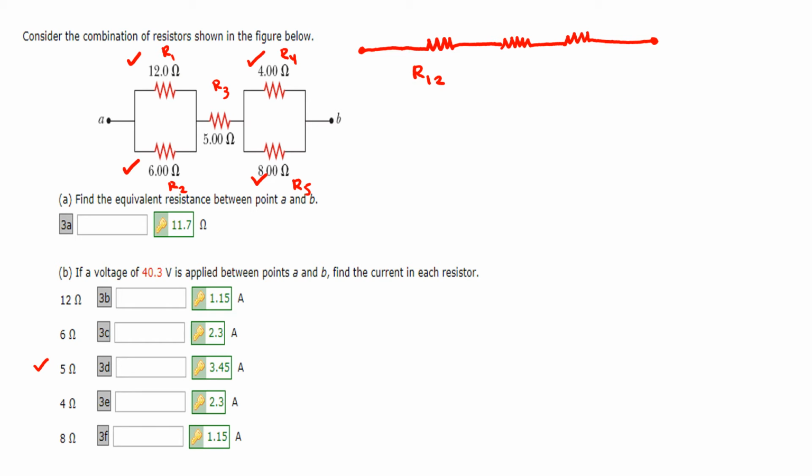This is R12, this is R3, and this is R45, and the values of the following resistors: R12 is 4 ohms, R3 is 5 ohms, and R45 is equal to 32 over 12 ohms, or 8 over 3 ohms.